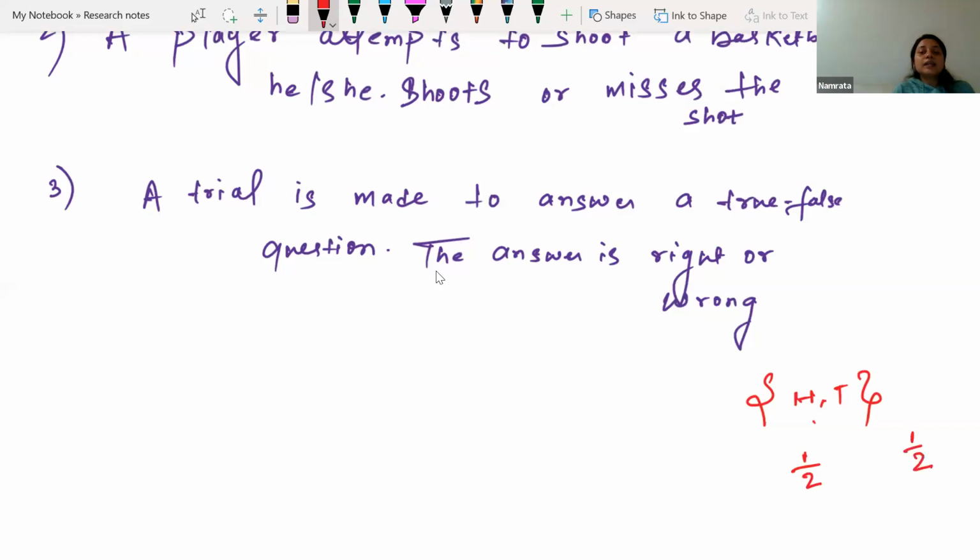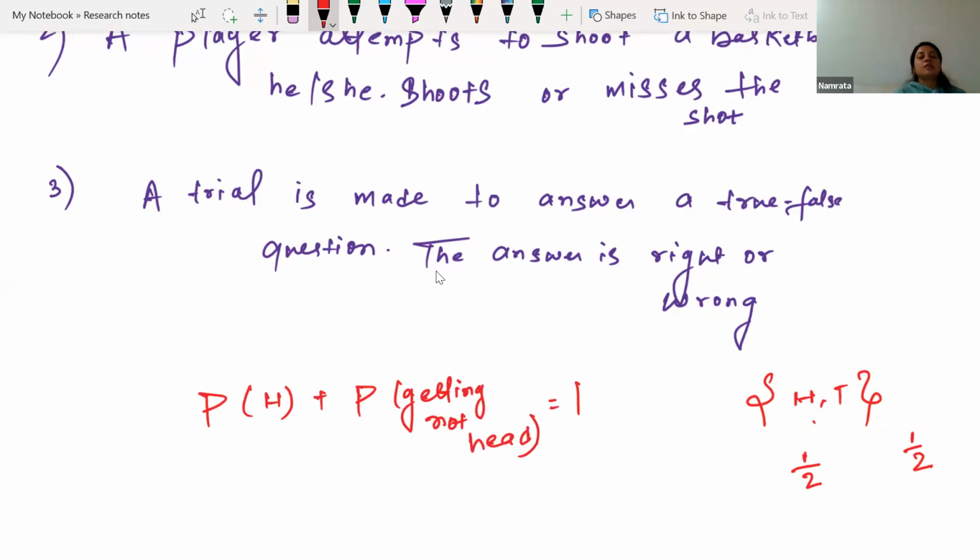From here one concept came out: the probability of getting head plus the probability of getting not head is 1. Not head means tail.